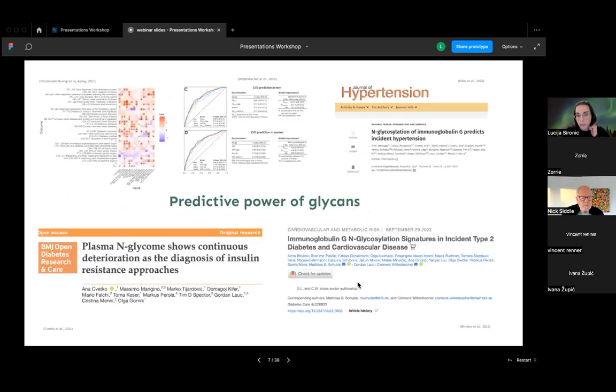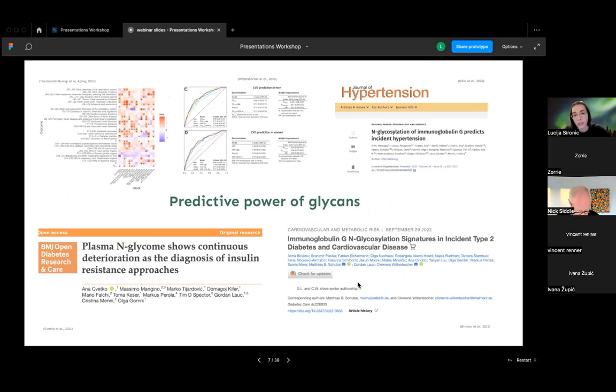So just to give you some background before we go into the tests that you might find useful. At our lab, we've done quite a few studies showing that glycans do have good predictive power when compared with other biological age clocks. GlycanAge is the best at predicting the risk of future hospitalization, for example.